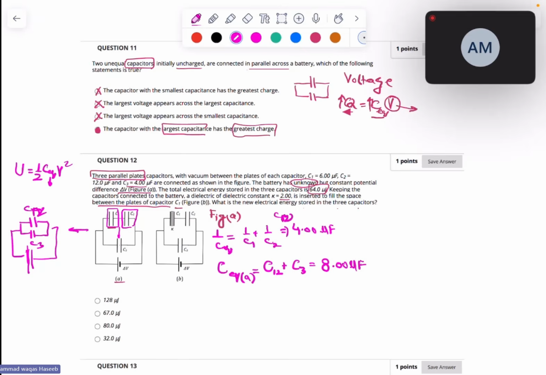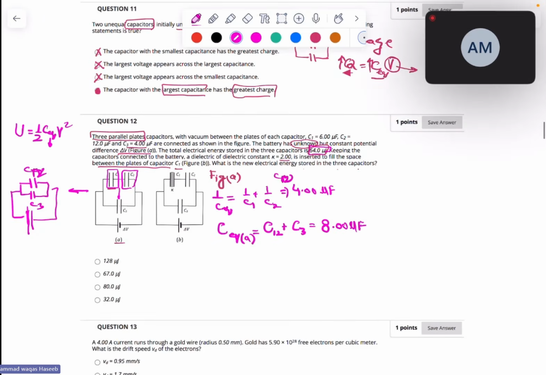Now the total energy of figure A is given, which is 64 microjoules. The energy in figure A is one half C equivalent times the potential difference squared, and this potential difference is unknown. We need to find it, because we know C_A and we know U_A, which is 64.